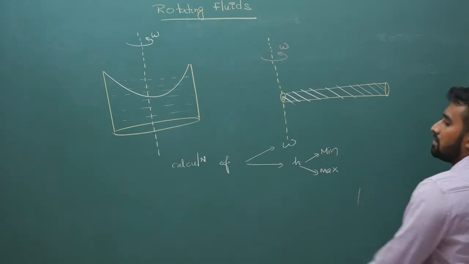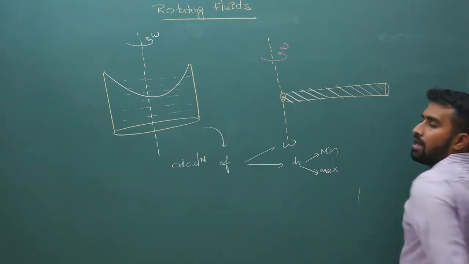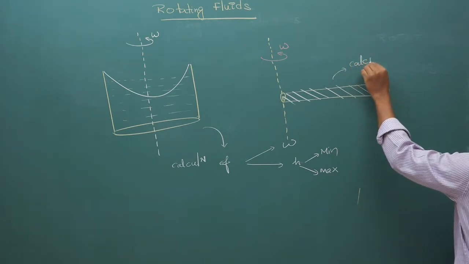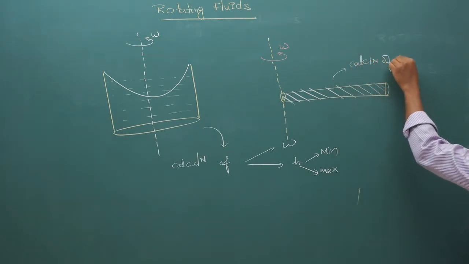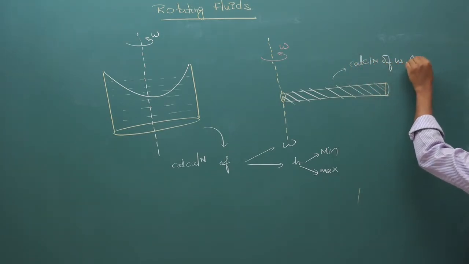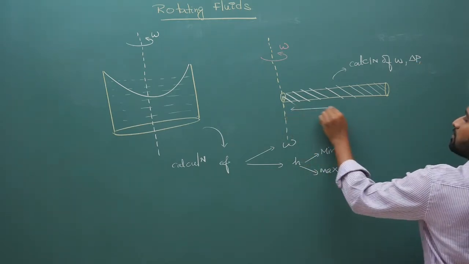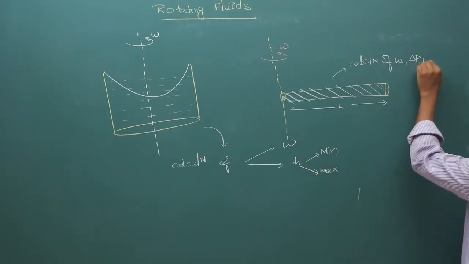In the second situation, the target is calculation of omega and pressure difference delta P, or if pressure is known at some point, or if the length of the tube is mentioned, what could be the length.